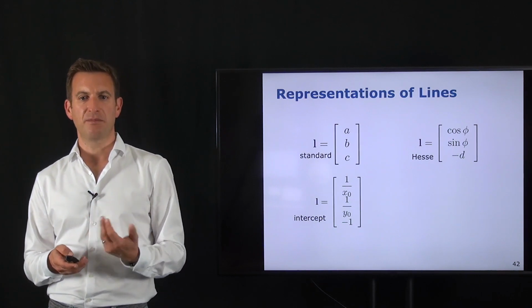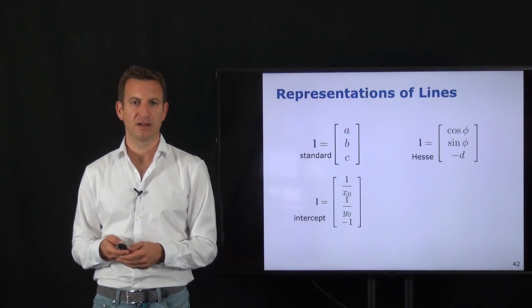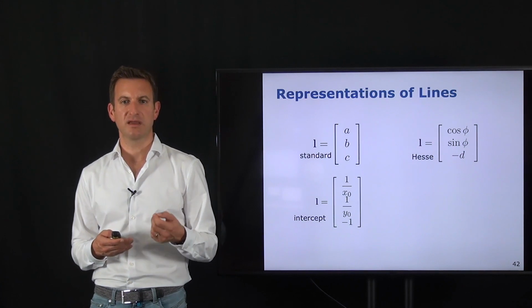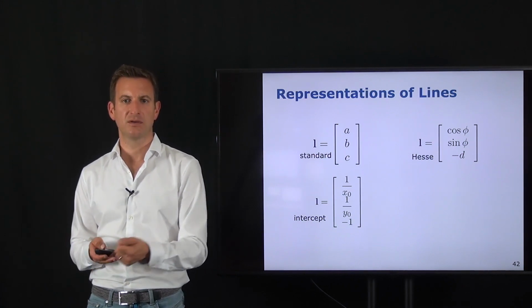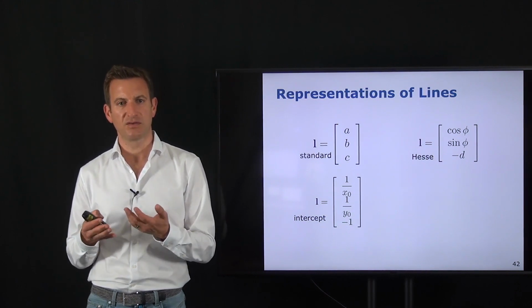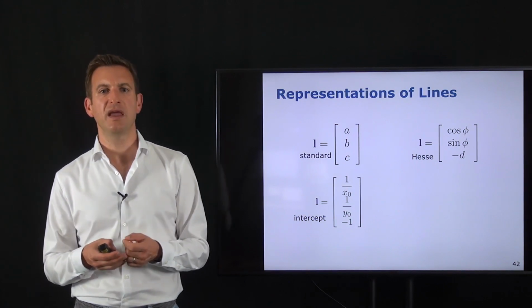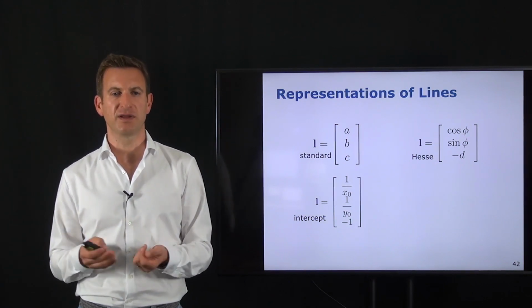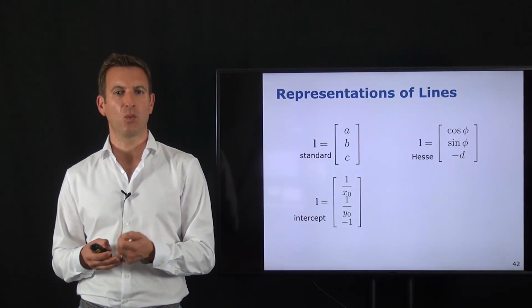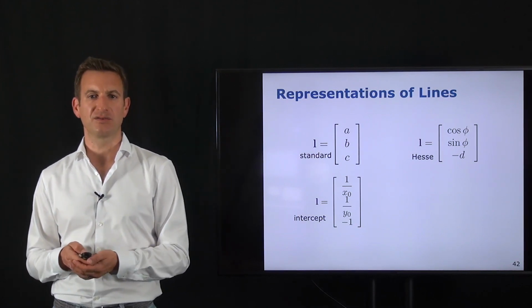And if we then have a point and want to see if a point lies on a line, so if a point fulfills the equation, we basically need to check if a times x plus b times y plus c equals 0, right? Because this is the equation that a point that lies on a line must fulfill. So we can take one of those 3 forms over here, it doesn't matter which one, and multiply it with a point x, y, 1. And if this equals 0, then we know this point lies on the line.